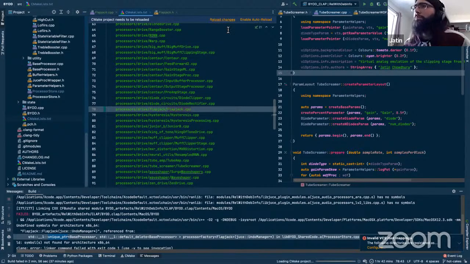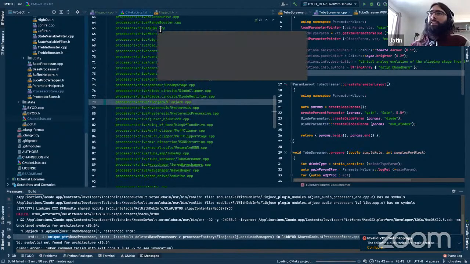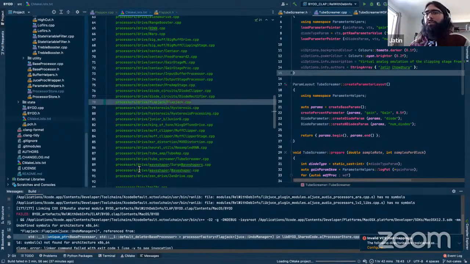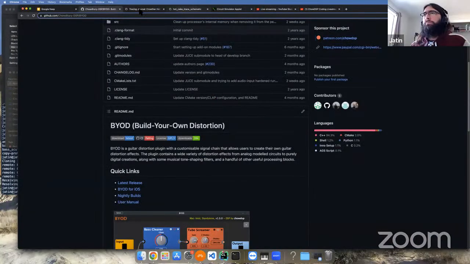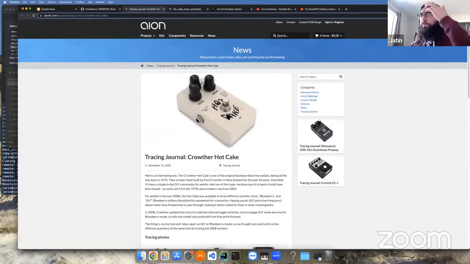Another thing I should mention is that I don't think I'm allowed to actually use the name Hot Cake for my pedal, because I'd imagine the name is owned by the people who make this pedal, or at the very least, the model I'm making is not sponsored by them in any way. I don't want to give people the wrong idea.